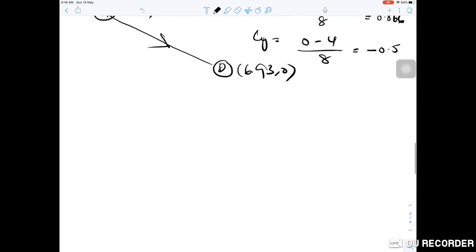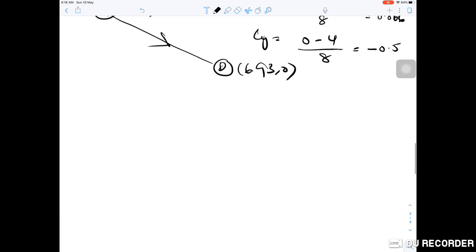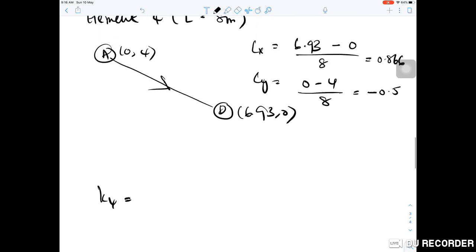So for element number 4, K4, it is Cx square, 0.866 square divided by the length 8, which is 0.094.